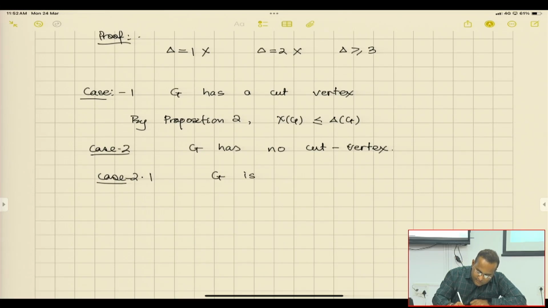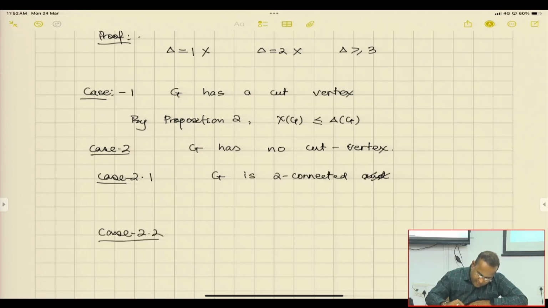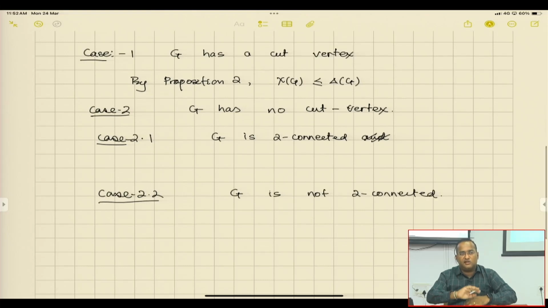If G is not 2 connected, it is not 1 connected, not 2 connected, that means we may get more number of vertices to make the graph disconnected, right?